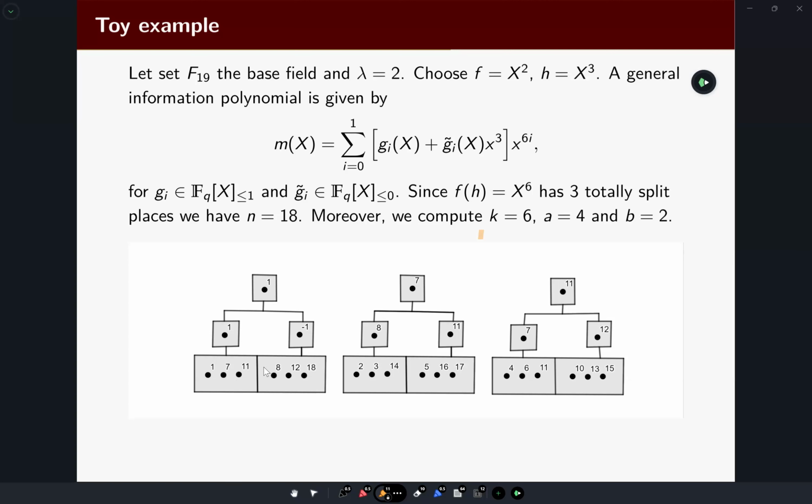You can see that those 3 points have the same evaluation here, representing the evaluation with h, and then it becomes the same one when we also evaluate by using f.